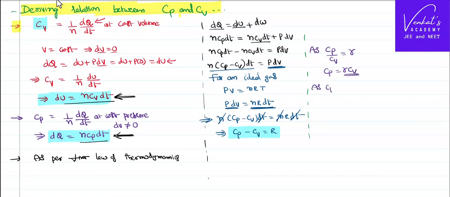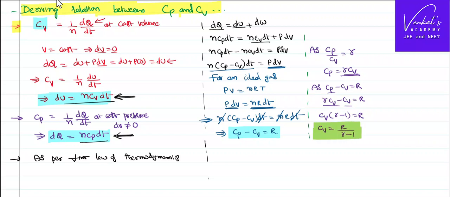So as we have derived the equation Cp minus Cv equal to R, in the place of Cp, I can write gamma into Cv minus Cv equal to R. If I take Cv common here, Cv into gamma minus 1 equal to R. So Cv equal to R by gamma minus 1. This is one way of writing Cv.